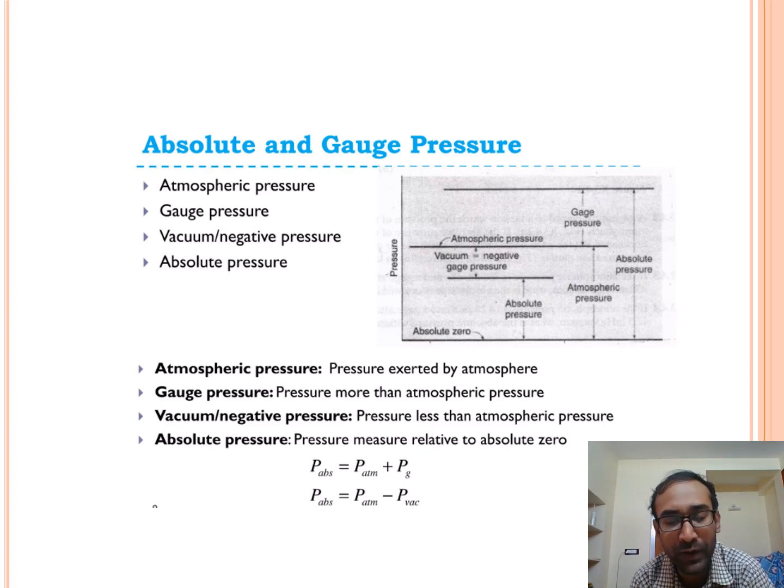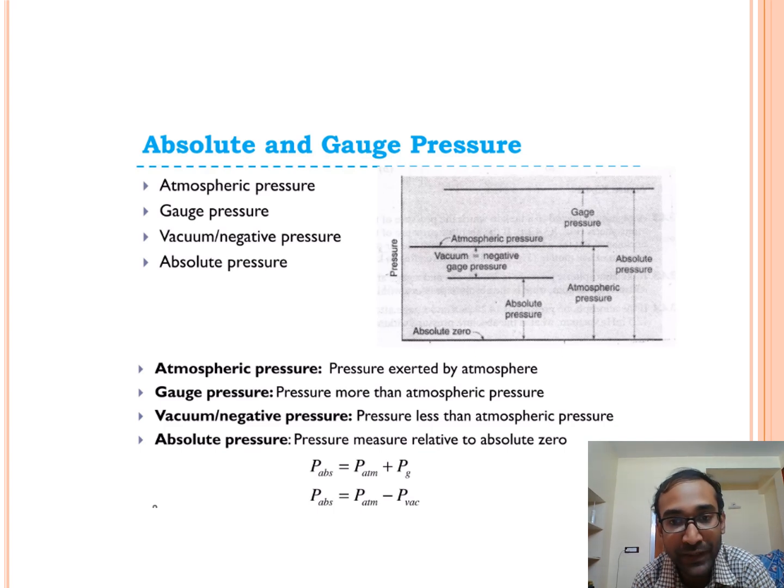And what is vacuum or negative pressure? Below the atmospheric pressure, less than the atmospheric pressure, is called vacuum or negative gauge pressure. In your diagram, this is the gauge or negative pressure.